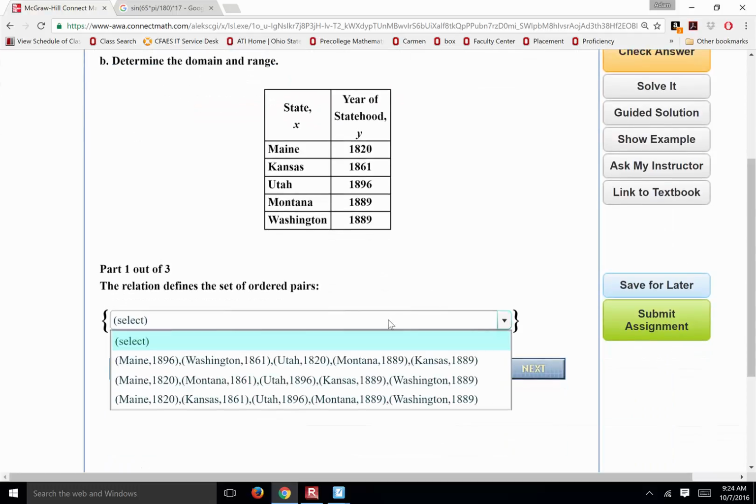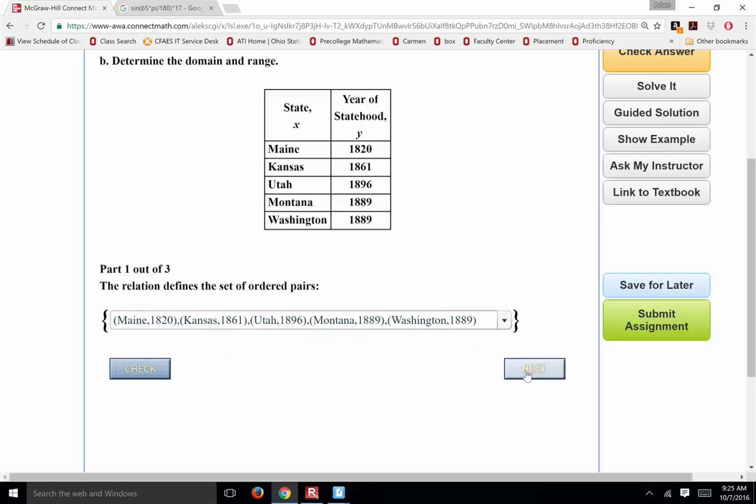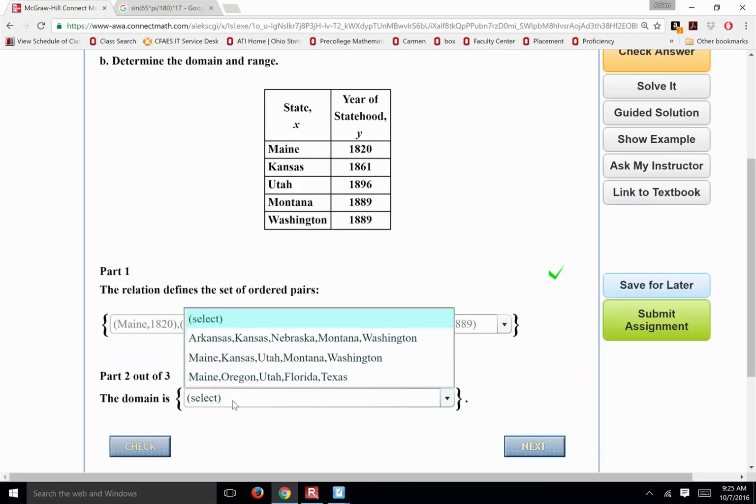They already have the list here, so great. You just choose the one that seems right. Which one is it? The last one? What's wrong with the middle one? Oh, they have the second one, Montana 1861. I don't see that. So they kind of reordered it somehow to trick you, but the main is all those names.